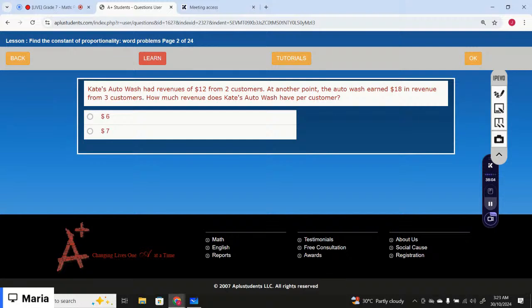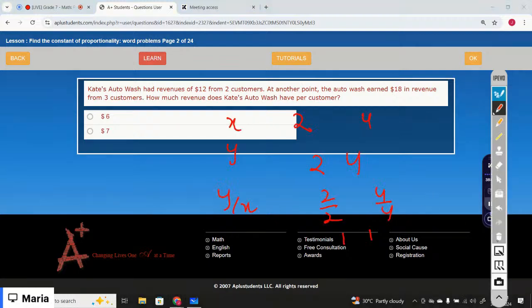So you have to calculate the revenue per customer, right? So let's just see. Here you have X is two customers and the revenue is $12, right? And then you have three customers, the revenue is $18. So you have to calculate Y by X, that is 12 over 2 and 18 over 3. So which is the correct option?